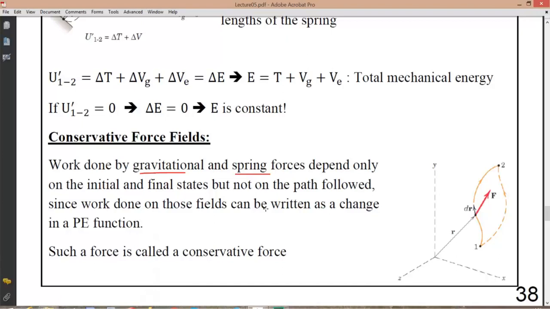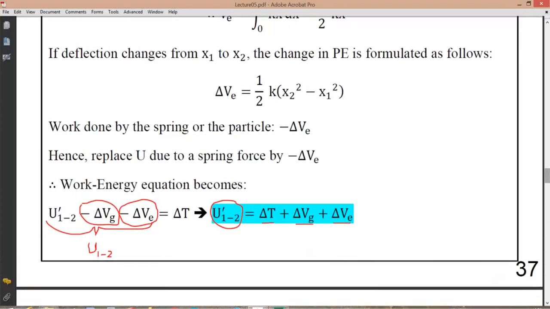All the other forces acting on the system, external forces I'm talking about, all these external forces acting on the particle are called non-conservative forces. So having that definition, now I can call this U prime 1 to 2 the work done by the non-conservative forces, because the work done by the conservative forces are listed here for the gravitational forces and here for the elastic forces.